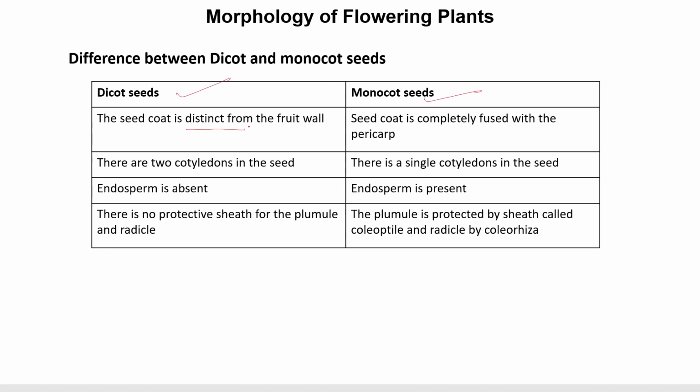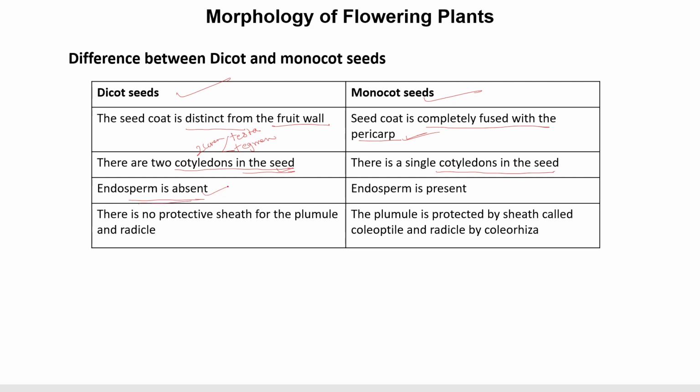In dicots, the seed coat is distinct from the fruit wall, with testa as the outer and tegmen as the inner covering. In monocots, the seed coat is completely fused with the pericarp, that is the fruit wall. There are two cotyledons in the dicot seed, and a single cotyledon in the monocot seed.